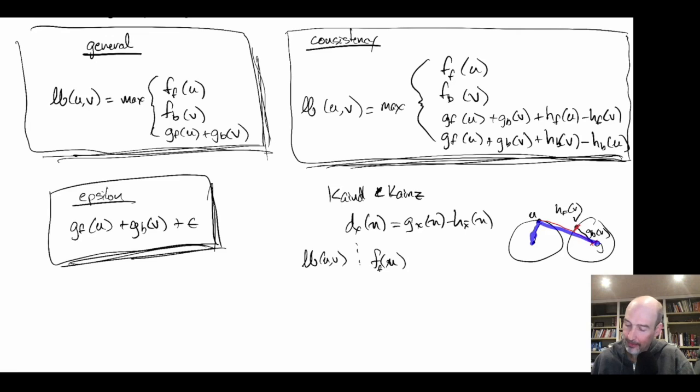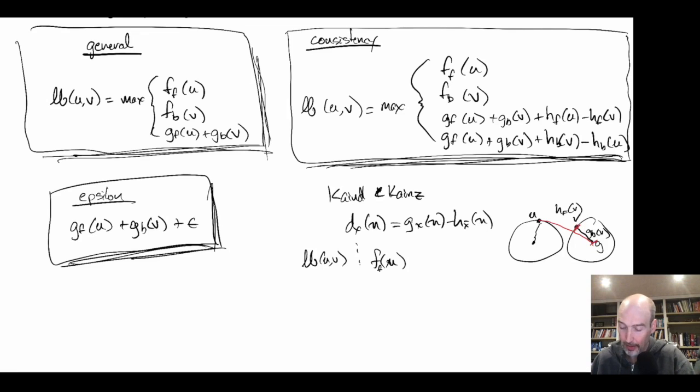If I'm thinking about the path that actually goes through v, then I know there's some error between what the heuristic says and what the g-cost says. Because if the g-cost is 3 and the heuristic says it's only 1, then I know all my heuristics are going to be off by 2 when coming through v.